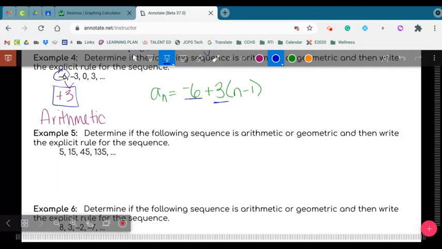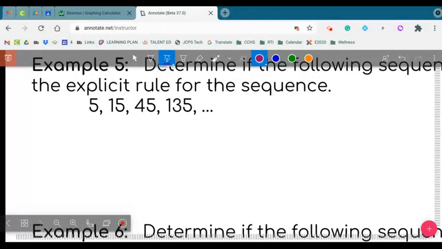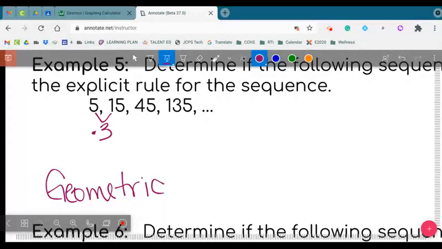The next one says determine if the following sequence is arithmetic or geometric, and then write the explicit rule. We go from 5 to 15 to 45 to 135. We're multiplying by 3. So this has to be geometric. So we have our first term is 5 and our common ratio is 3.